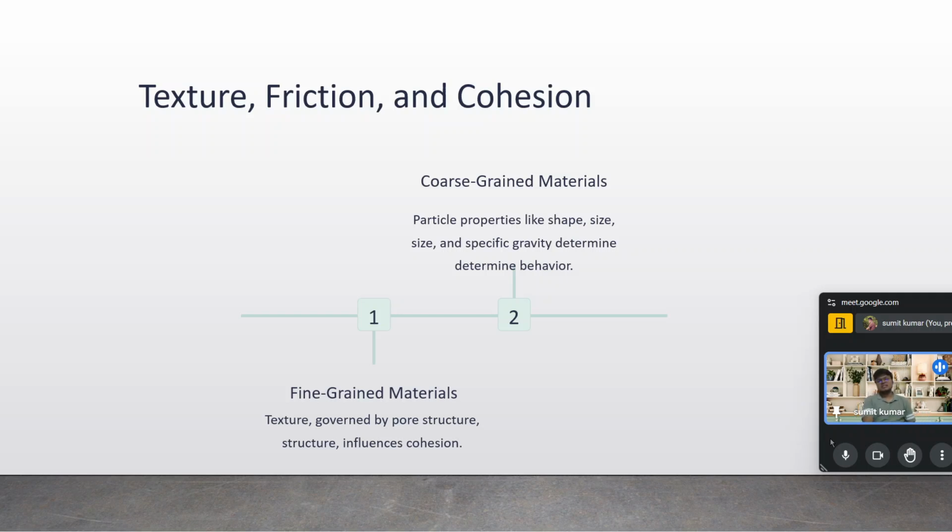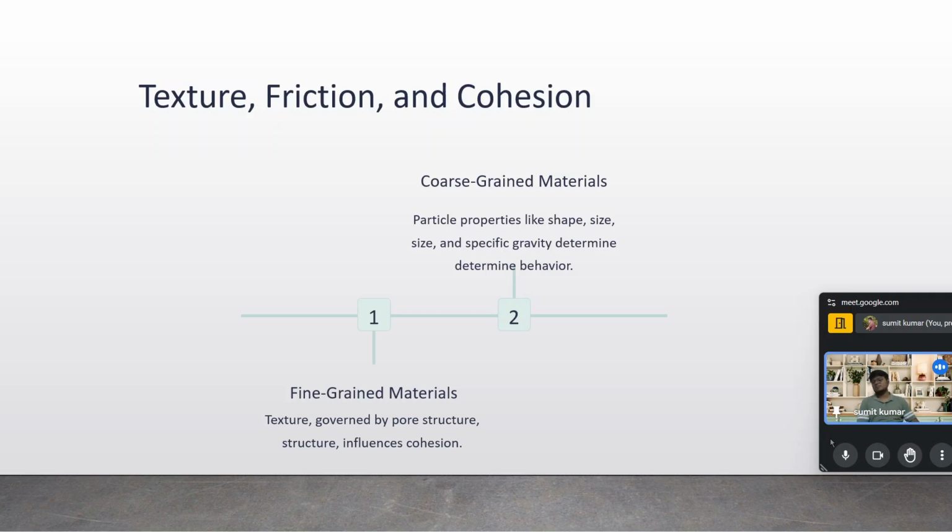When we talk about texture, friction and cohesion, in fine-grained material the texture is governed by the pore structures, and the structures influence cohesion. And when we talk about coarse-grained material, particle properties like shape, size, and specific gravity determine the behavior.